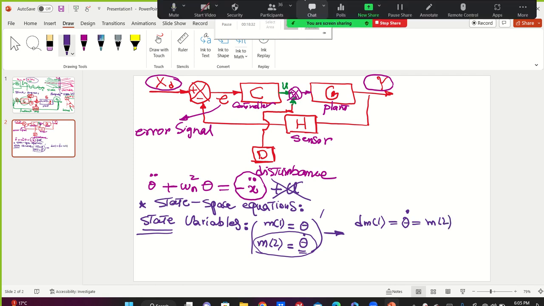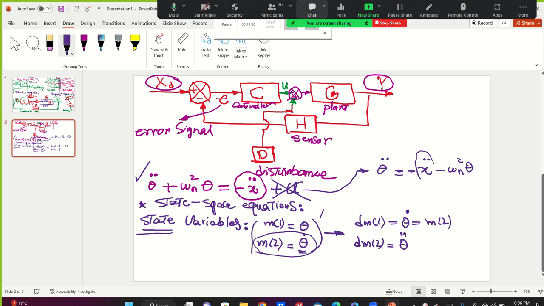Now here, dm2, the time derivative of that, is theta double dot. Theta double dot we can find from this equation. Look at here. Theta double dot is minus x double dot minus omega n square theta.